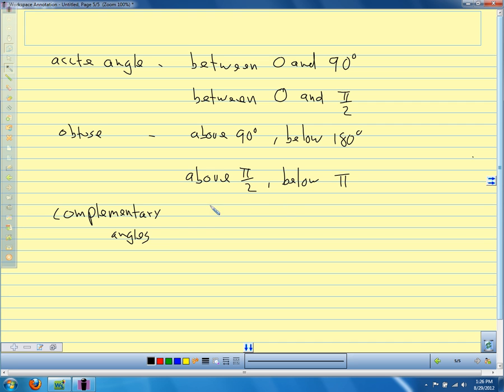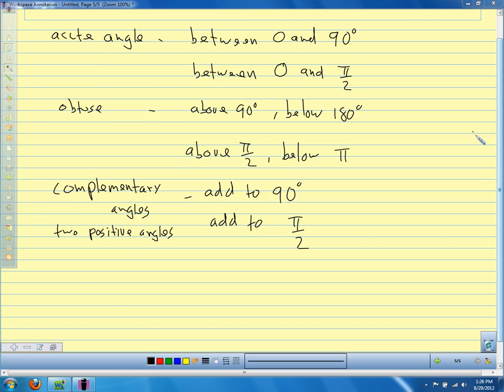All right, complementary angles, they add up to 90. So in radian measure, what are they going to add up to? Pi over 2. And for complementary angles, we are saying that we have two positive angles. So both of our angles need to be positive.